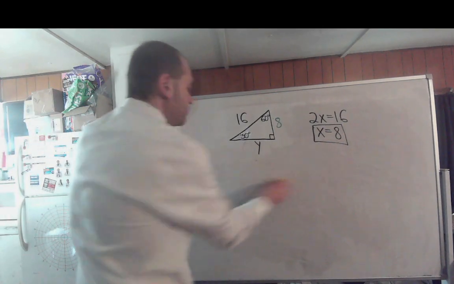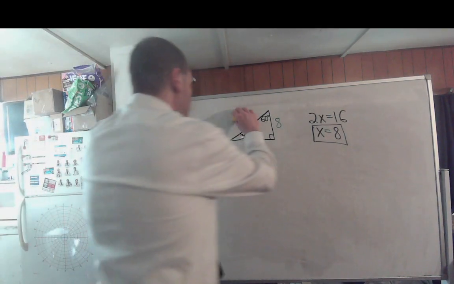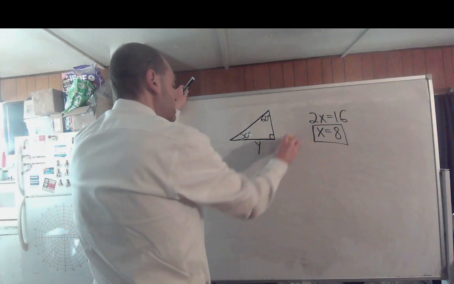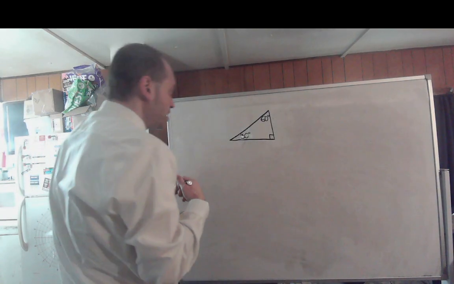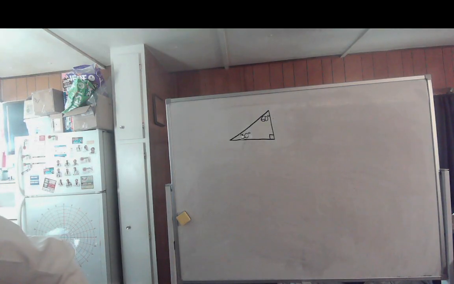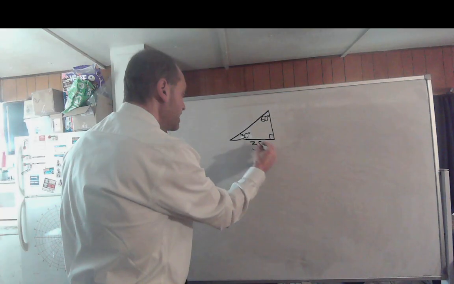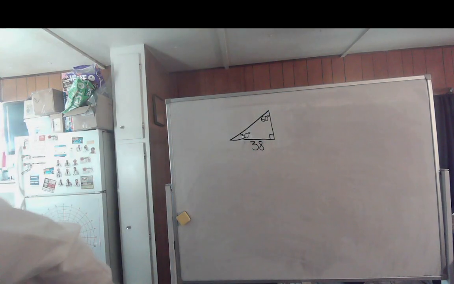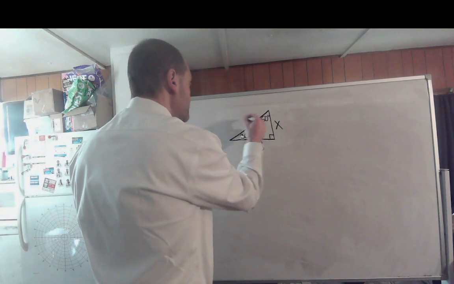Let's see, I should have one more of this type, then I should have a few of the 45, 45, 90 type, which in my opinion are actually easier. Sorry, so side opposite 60 is 38. Side opposite 30 is x, and then this is r.